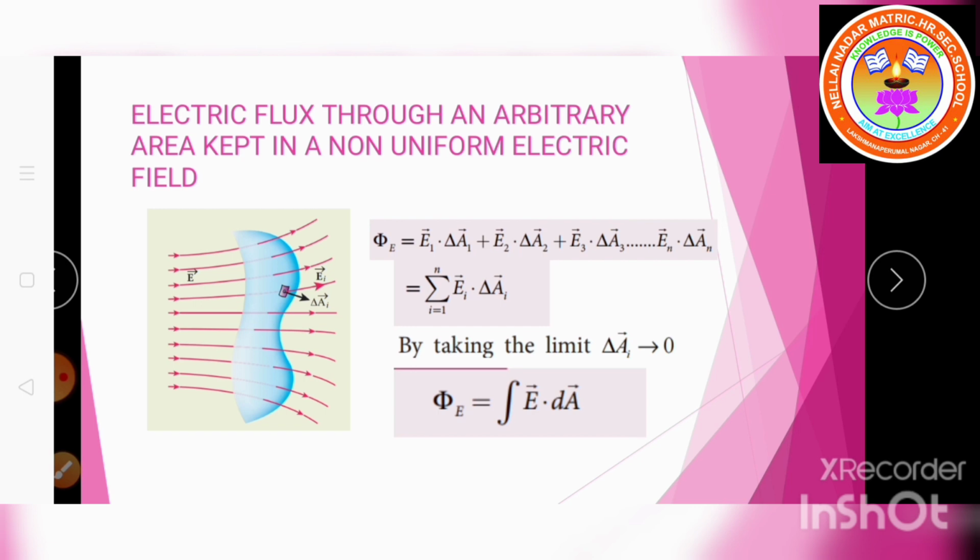It is the formula for the electric flux for n number of charges. The n number of charges depends upon the n number of areas with respect to the system of charges we are going to take. So the electric flux through an arbitrary area kept in a non-uniform electric field, we can write with the formula Φ_E equals the integral of E vector dot dA vector.